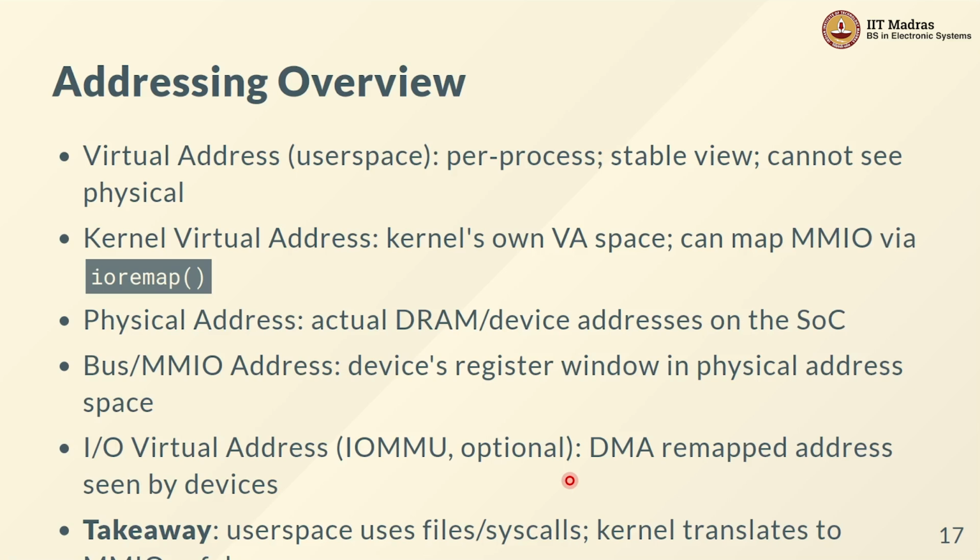Let's say that I'm transferring data from an Ethernet card through DMA into some physical location. The Ethernet card does not know the actual physical address corresponding to the final destination. It also sees a virtual address, right? So virtualization is used heavily throughout all the memory accesses. It is important for security and for preventing various kinds of issues that can happen if you're not careful with it. And it is all handled by the operating system.